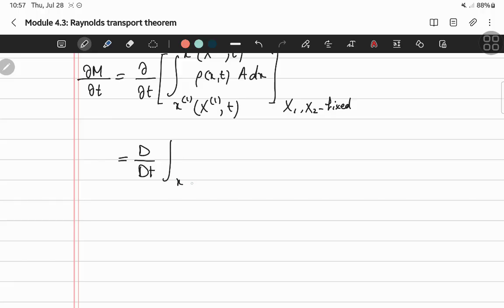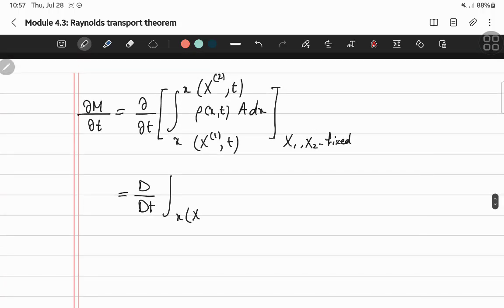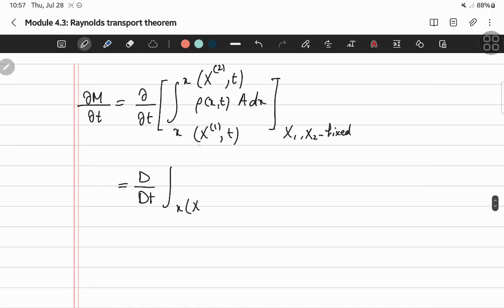I'm also going to remove this x in here, because small x1 is a function of capital X1 and t.